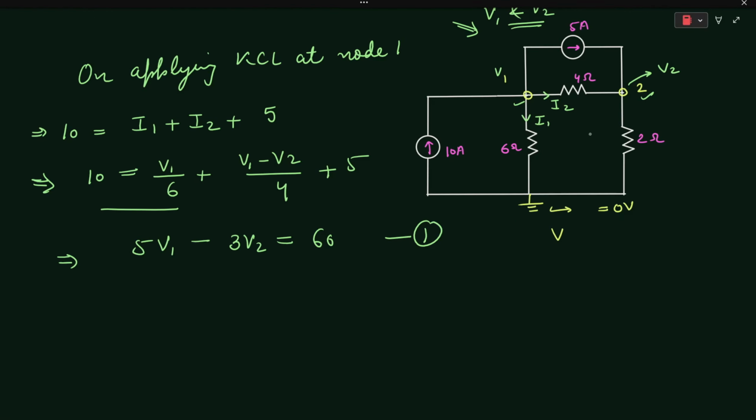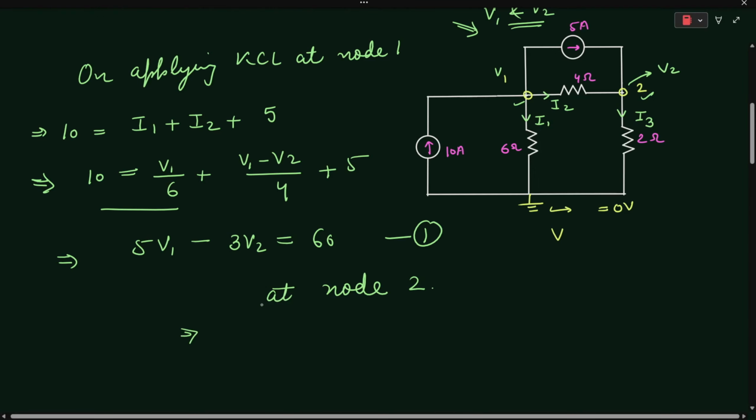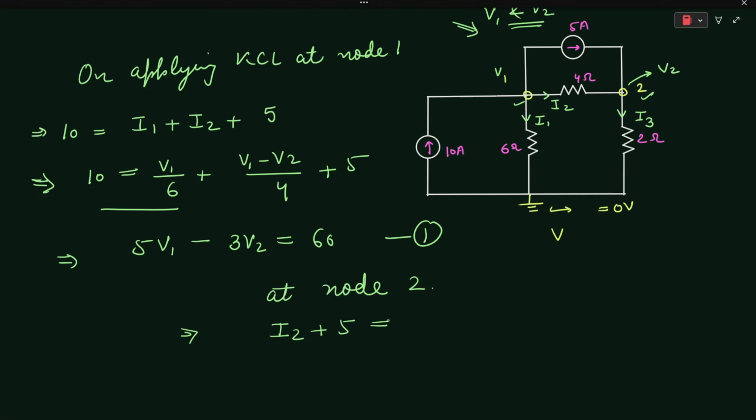On applying KCL at this node 2, let's say this is your current I3. At node 2, we can say that I2 plus 5 is equal to I3.